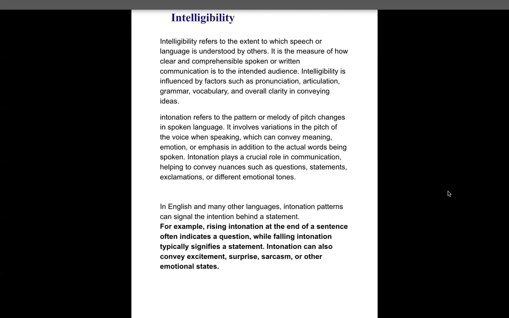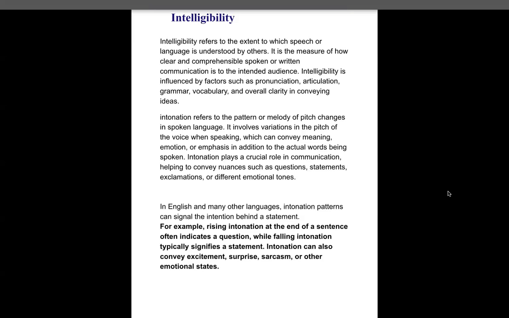And when you're being empathetic, your tone is different. So different emotional states have different tones. So you have to be mindful when you're speaking what kind of tone you're using when you're communicating with the patient. Okay, so under intelligibility, this carries 6 marks.